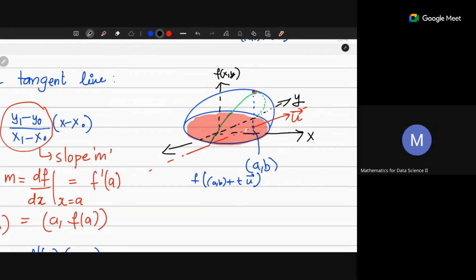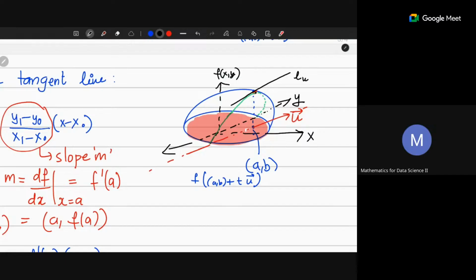So this will be the tangent line at this point to the graph of the green function. At this point, in the direction of u, the tangent line is this. Let me call it L_u because it corresponds to the direction u.